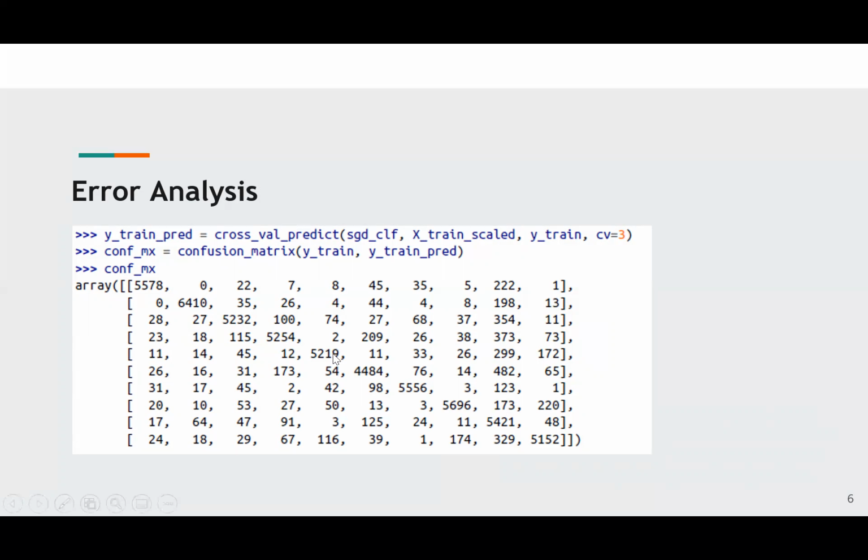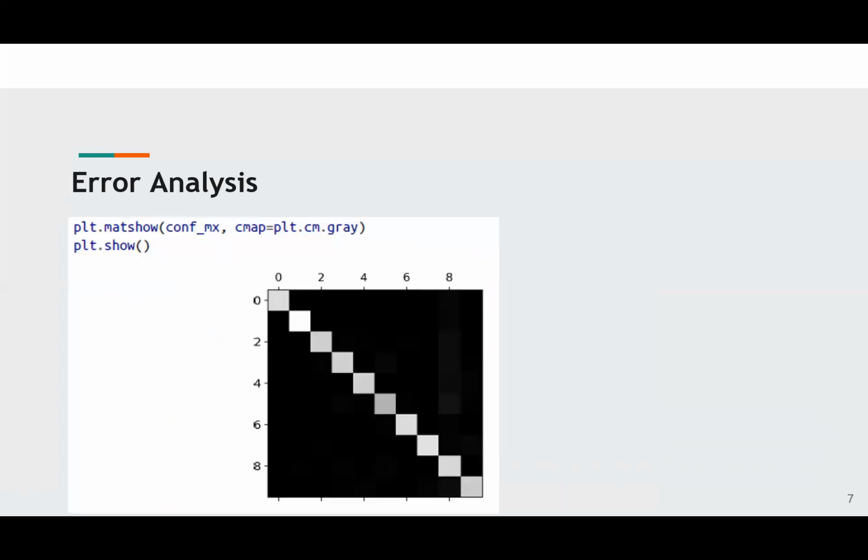Of course, some of the actual zeros turn out to be predicted as 2s, 22 of them, and some of them, 222 of the zeros, are predicted to be 8. This is one way to look at your error analysis of multi-class classification.